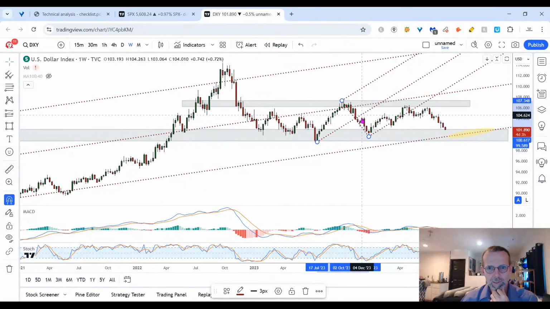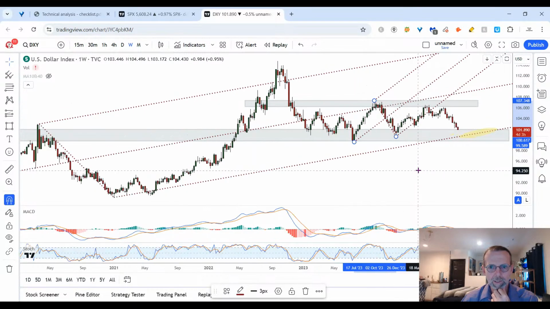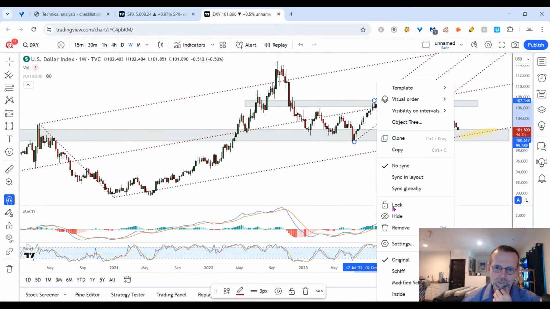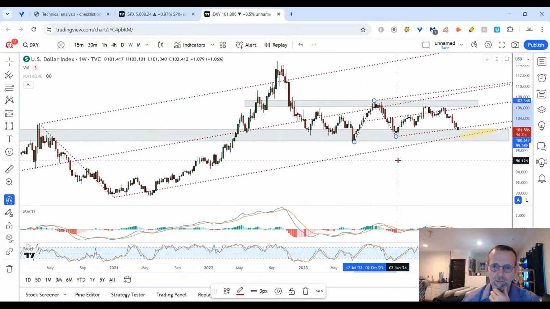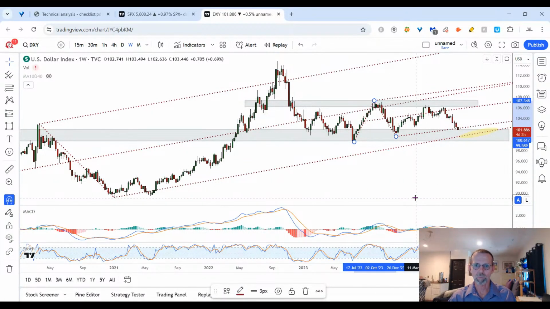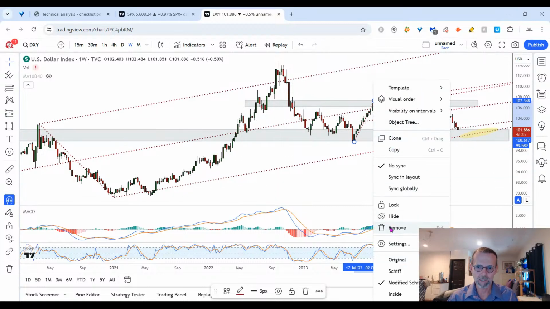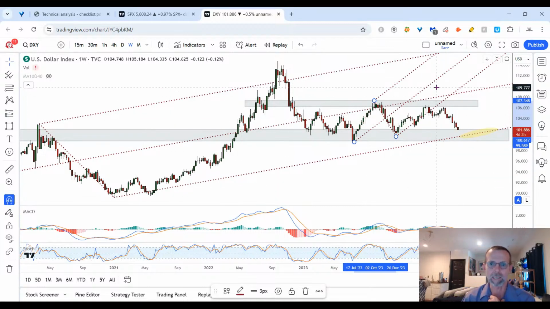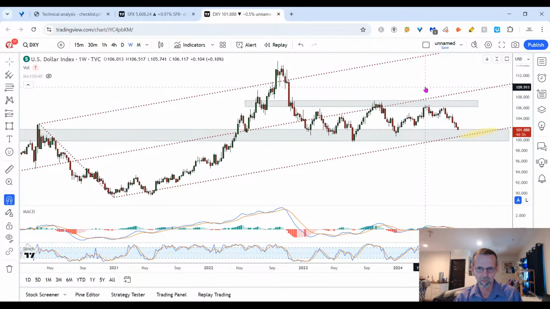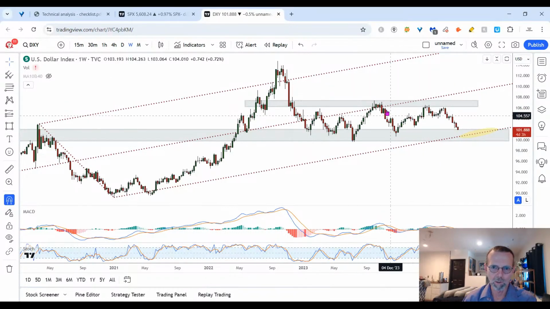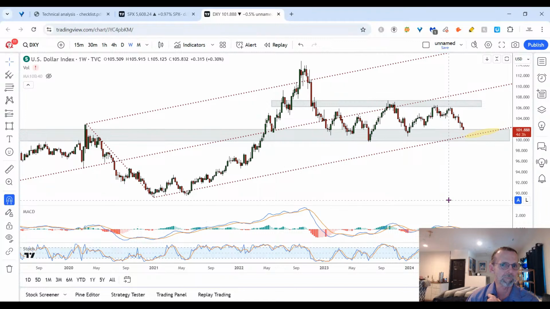And there it is, so it did not do what Dr. Andrews told us or suggested price would do, and that is reach the median line of this fork. Price didn't get to the median line of that fork. So although that looks like you might draw a fork there, it's not a very good one. Fork that would be drawn from that level.